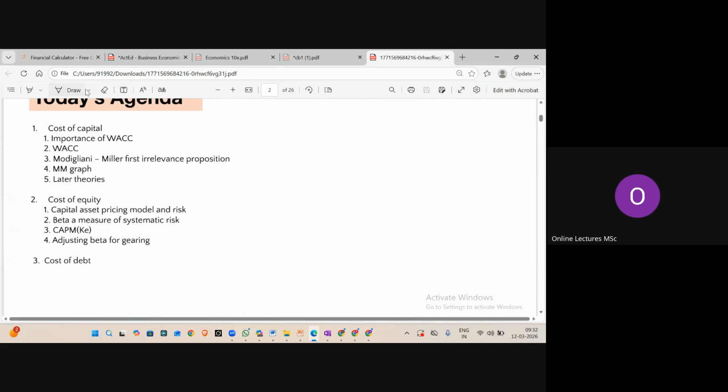Okay, I'll just brief it out. Just tell me, was all this part done? So CAPM, the most important model of cost of equity. We learned that KE equals the risk-free rate plus the expected market return minus the risk-free rate, times the beta.